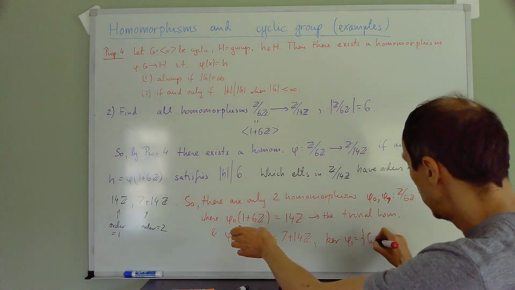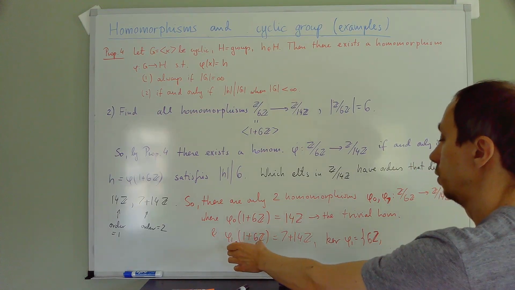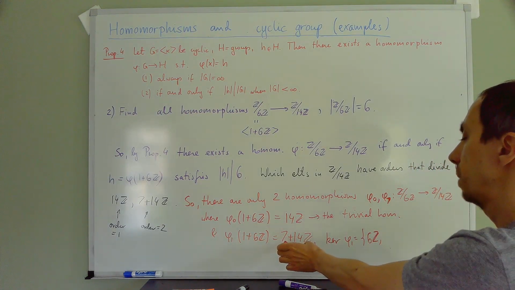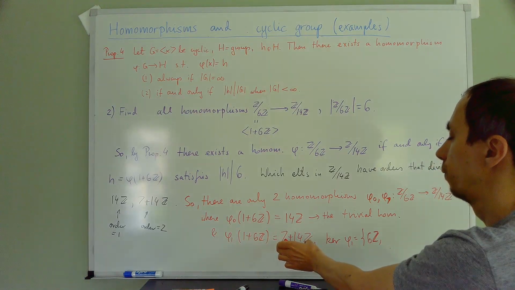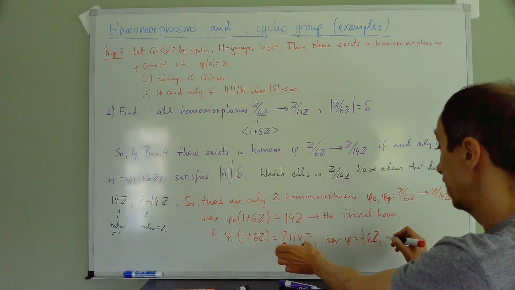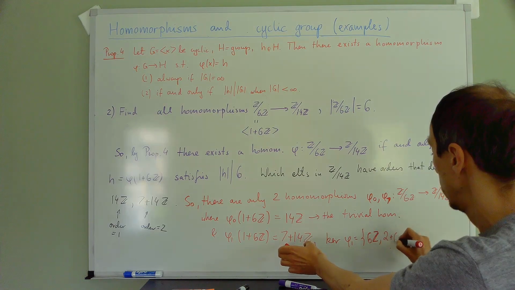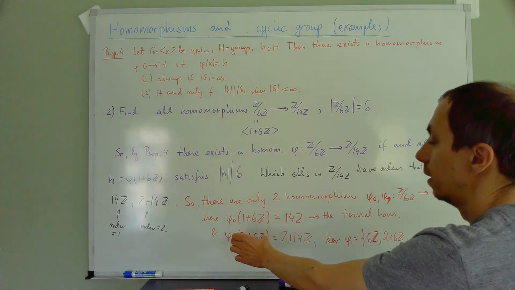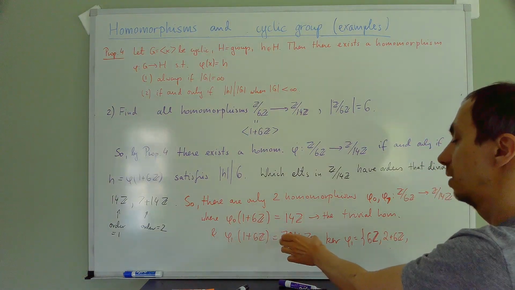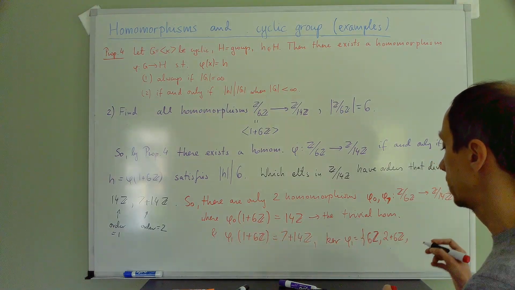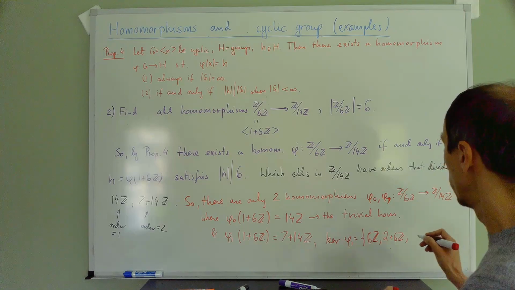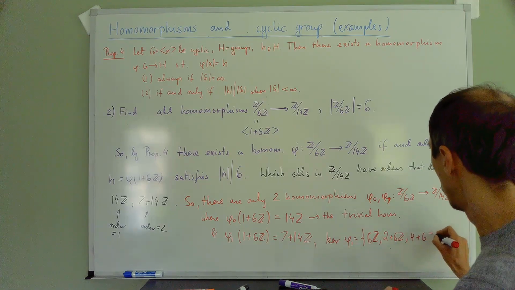So of course 6Z, that's always in the kernel. 1 plus 6Z is mapped to 7 plus 14Z. So 2 plus 6Z is going to be mapped to 14 plus 14Z, which is 0. So that's 2 plus 6Z. What else? 3 plus 6Z is going to go again to 7. 4 plus 6Z is going to go again to 14 plus 14Z. So that's in the kernel as well.